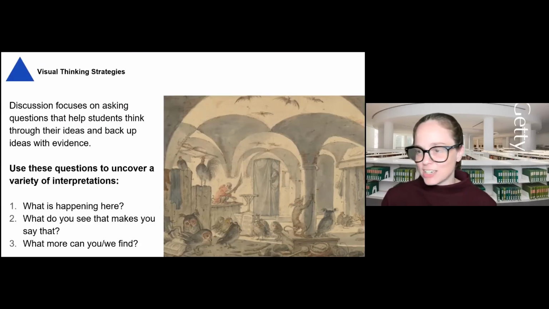Visual thinking strategies, or VTS, is what you might hear me say throughout this presentation, but it basically functions on the use of 3 questions to help students think through their ideas. The 3 questions include, what is happening here?